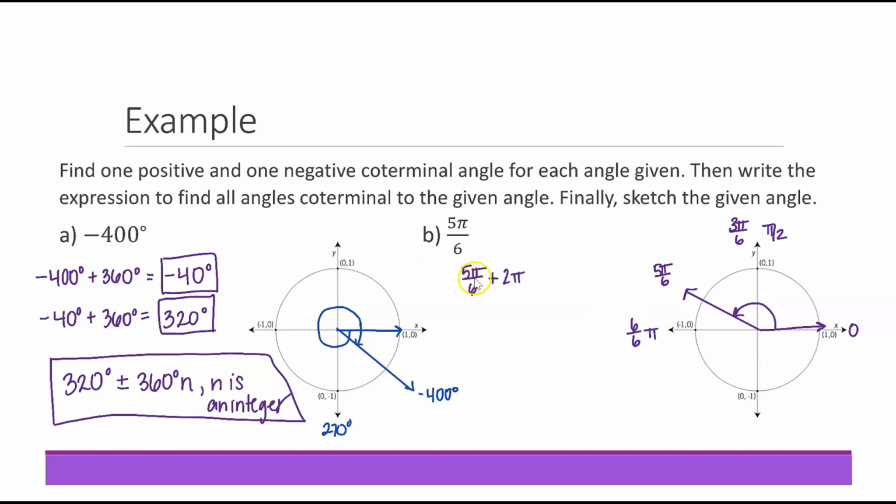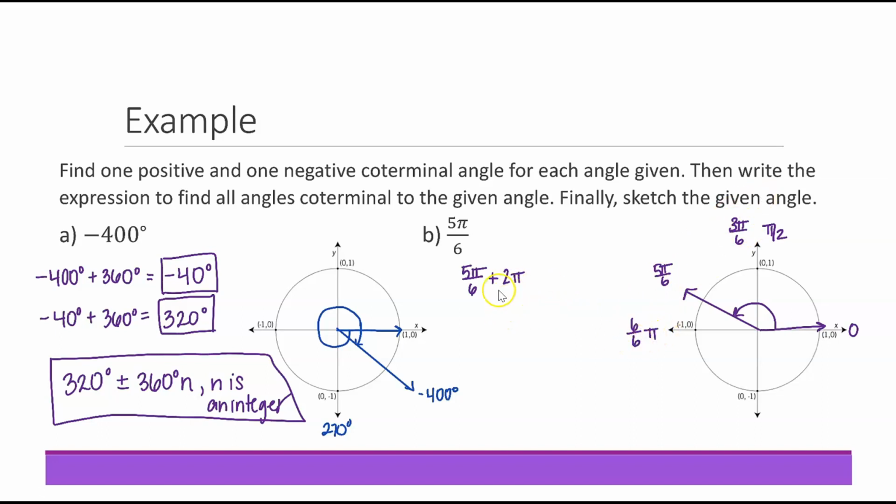Here I have a fraction, 5 pi over 6. So in order to add 2 pi, I'm going to need common denominators. That common denominator is going to need to be 6, and that's partly why I sketched it first, so we can start to think about rewriting numbers with common denominators.